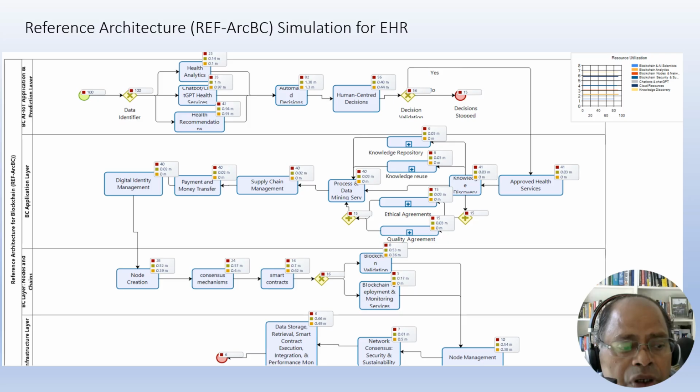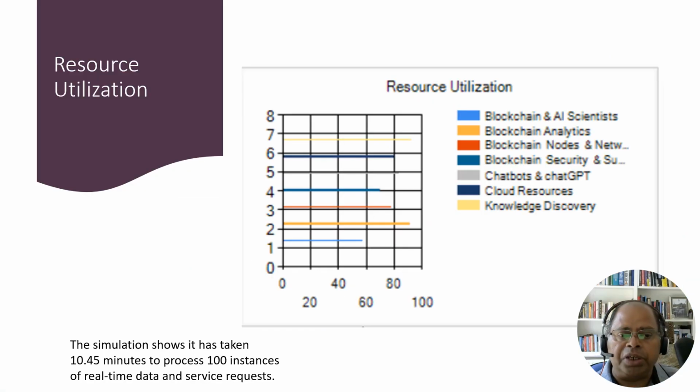It goes through all the layers, and on average it took 10.45 minutes per 100 requests, which is quite impressive, going through hundreds of instances simultaneously.